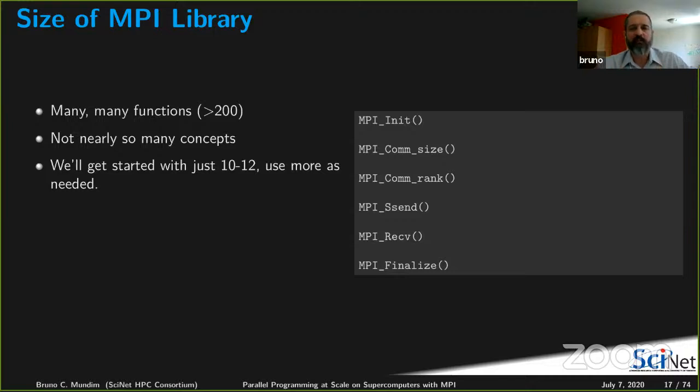Maybe you want a confirmation that your message was actually received, or maybe you don't mind that your message was received now, or maybe you want to use a buffer to send your message or not, right? And that proliferates the number of different functions that you can use, okay? But we're going to focus on MPI_Init, MPI_Comm_size, Comm_rank, safe or secure or standard send, receive, and finalize.